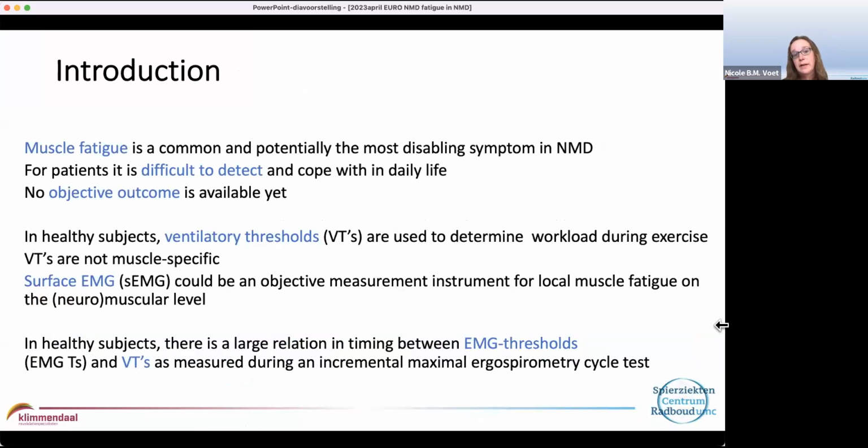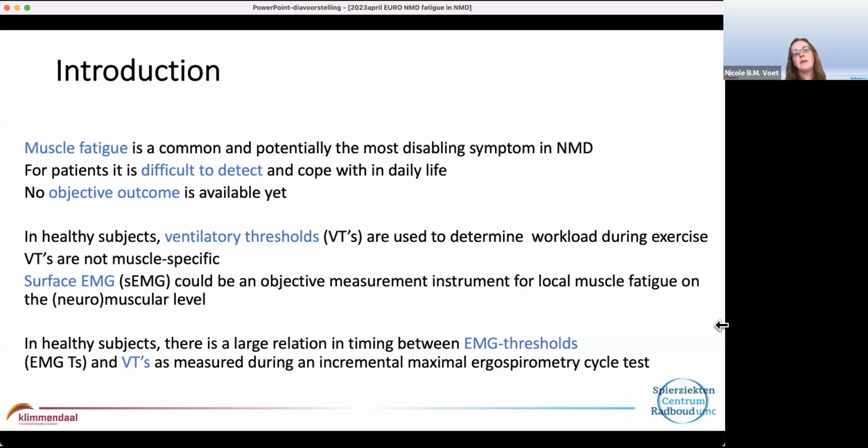And in healthy subjects, we know that during an incremental maximal ergospirometry test, we can use ventilatory thresholds to measure the aerobic capacity. And they are used to determine the workload. However, they are more or less a summary of the body and not muscle specific. And when measuring muscle fatigue, because of the asymmetry in patients, it's very good to measure more muscle specific.